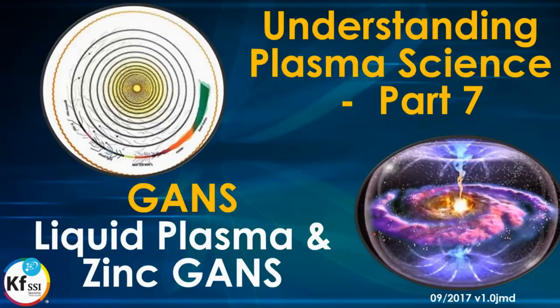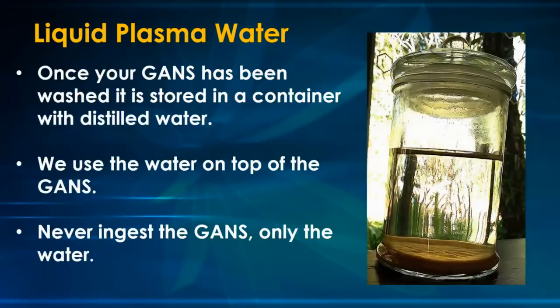All right, so in the final section, we're going to look at the GaNs, and I'm going to be looking at what we call the liquid plasma and the zinc GaNs. So the liquid plasma water, this is what we call it when we've made our GaNs, and so far we've explained how to make your CO2 GaNs, and you've washed and now you're storing your GaNs in a glass jar, and you filled it with distilled water.